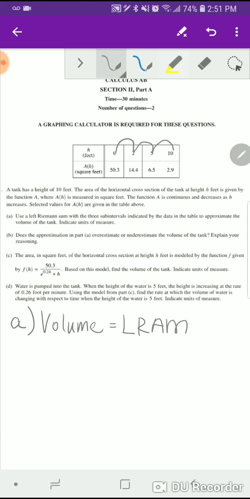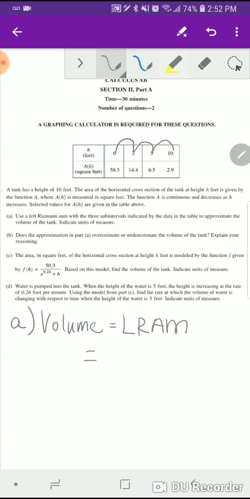With an LRAM, you use the left endpoints 0, 2, and 5, and not the 10, because the rectangle doesn't start at 10. The rectangles go from 0 to 2, from 2 to 5, and from 5 to 10.